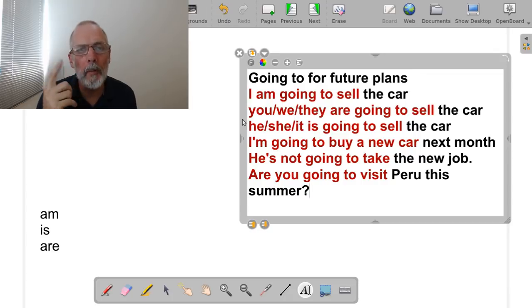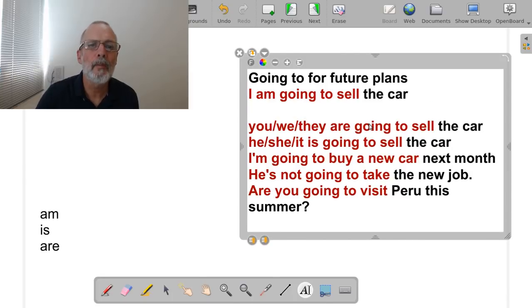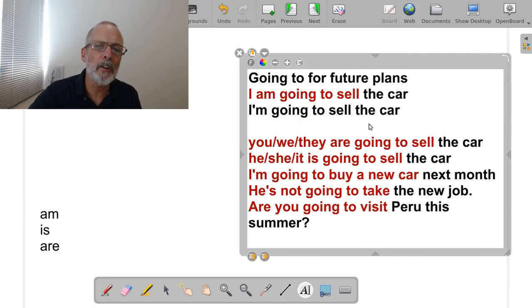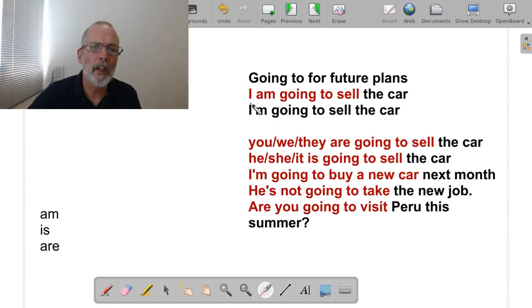So, future plans. Before we continue, let's talk about the pronunciation, because here I put, I am going to sell the car, but as I've said before, normally native speakers don't say that. They say, I'm going to sell the car. First of all, native speakers are going to use the contraction here.